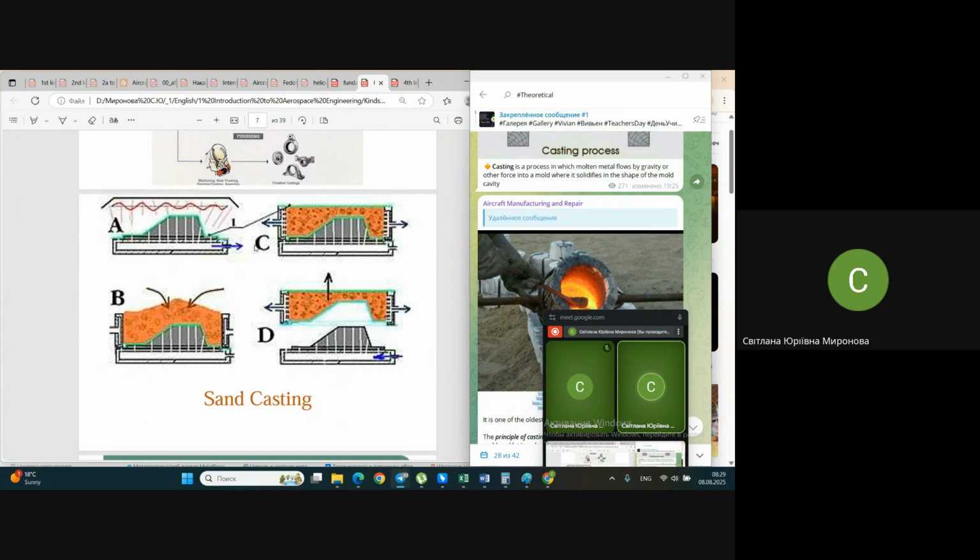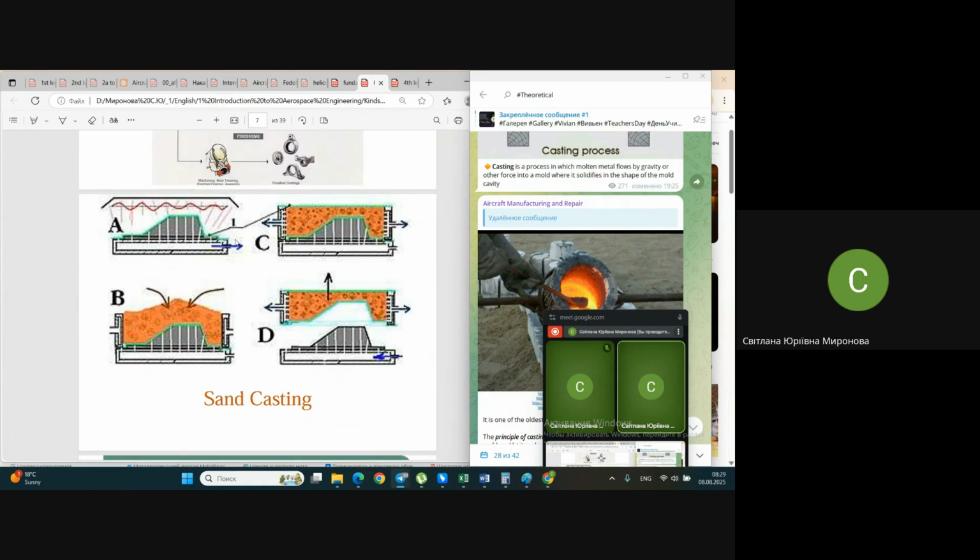That was for sand casting. Once again, how sand casting is fulfilled: you see, we have some mock-up which repeats the shape of the ready part in picture A. This mock-up, of course, is supposed to be coated with some separator. This separator may be some film, maybe some grease, so that the mixture of soil with binder does not adhere to this mock-up. Next, we make the sand form, the sand mold.